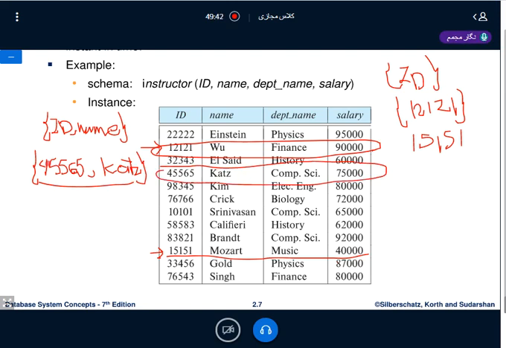Then the combination of ID and name is also a super key, because I can find the unique tuple in this table.